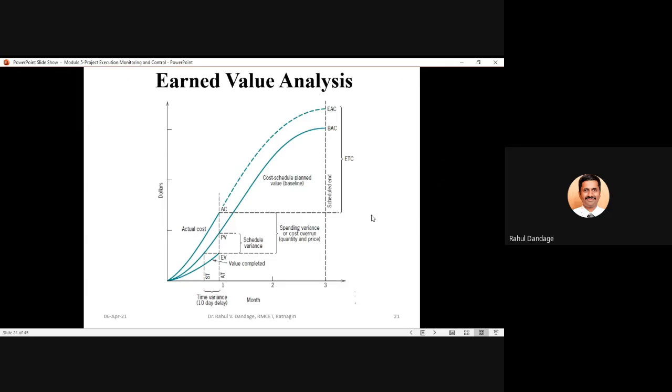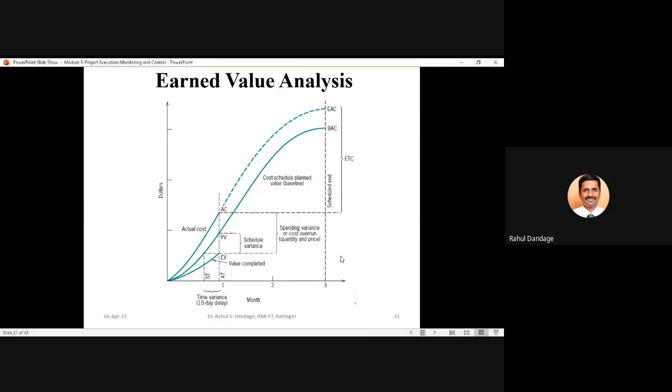This is a very important diagram as far as the earned value analysis is concerned. If you look at the diagram, you can see on the x-axis there is duration or the timeline, and on the y-axis it is the monetary value or the cost incurred for the various activities which are going to get completed.